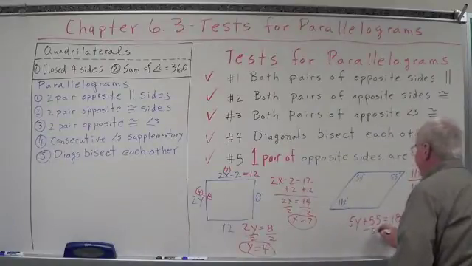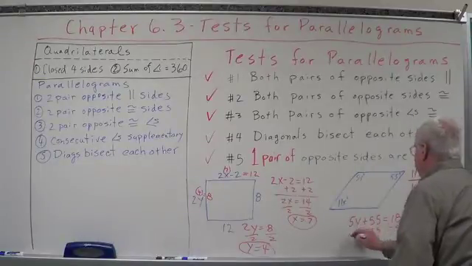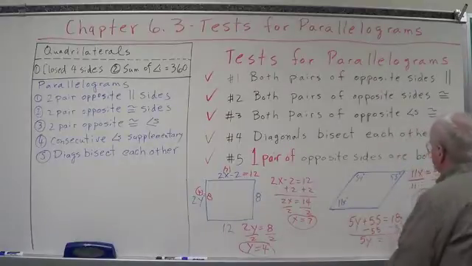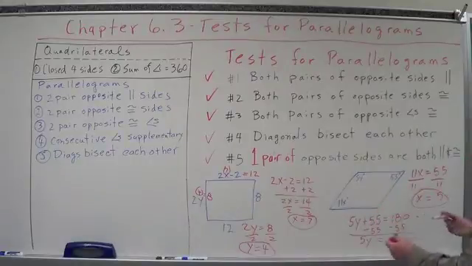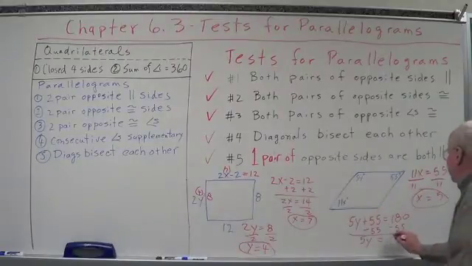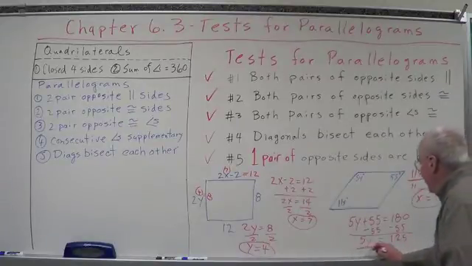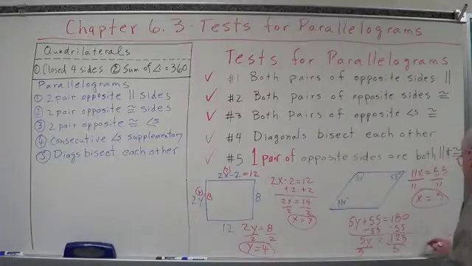Minus 55, minus 55, we get 5y equals, oh, what is that? Let's try, 125, I believe. Now, divide by 5, divide by 5, we come up with y equals 25.